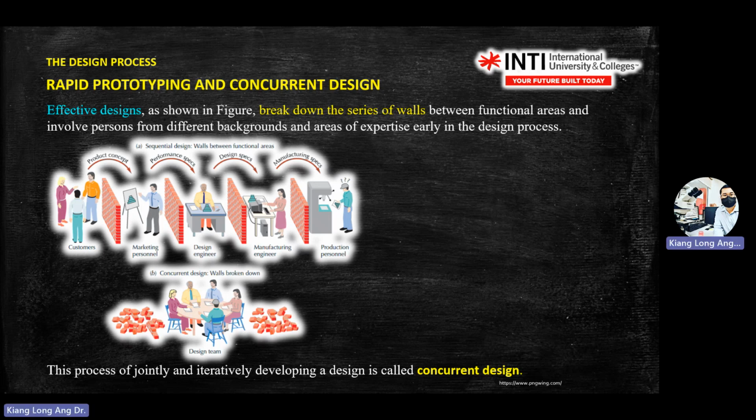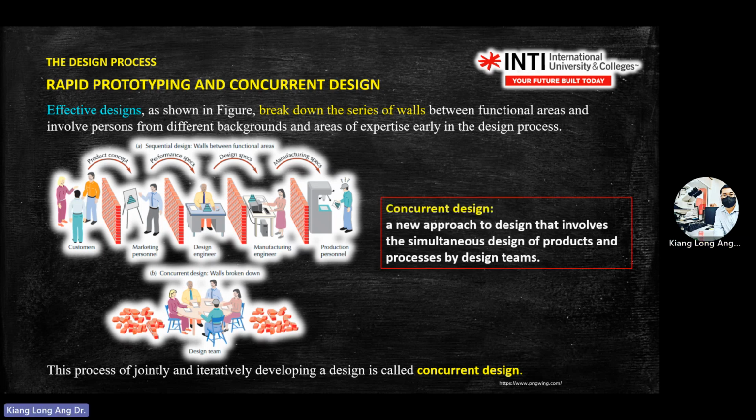It means you combine all the processes or the team together. Okay, so this is a shorter version of the definition. Concurrent design is a new approach that involves simultaneous design of products and processes by the design team. Okay, concurrent is simultaneous. You link concurrent and simultaneous together.